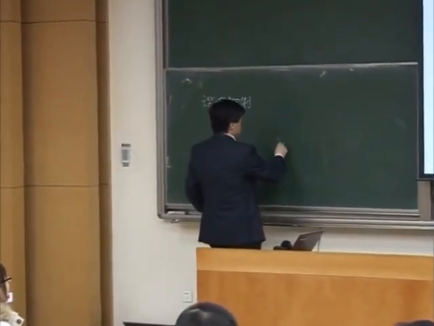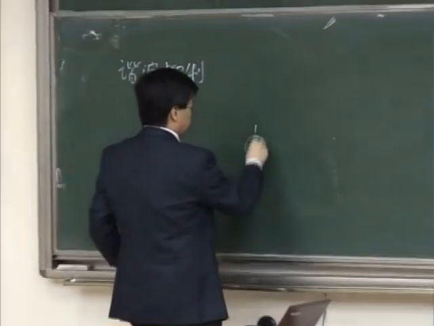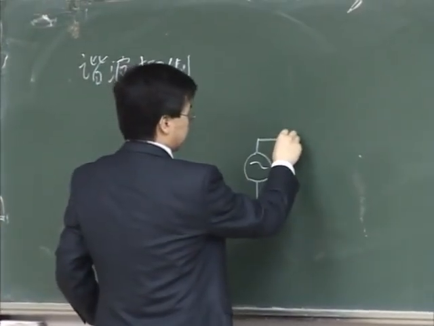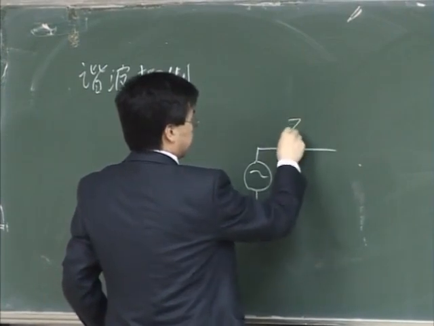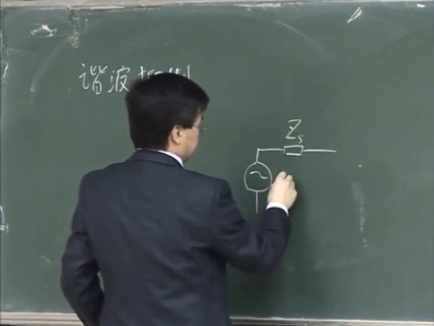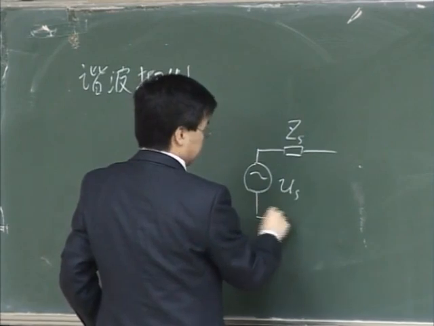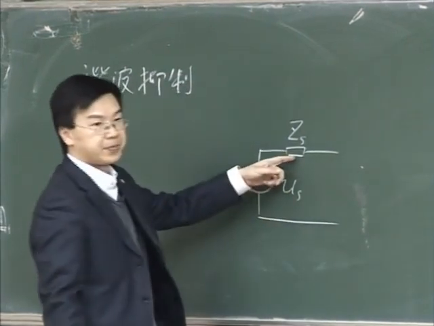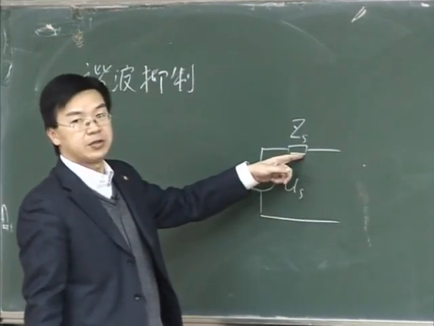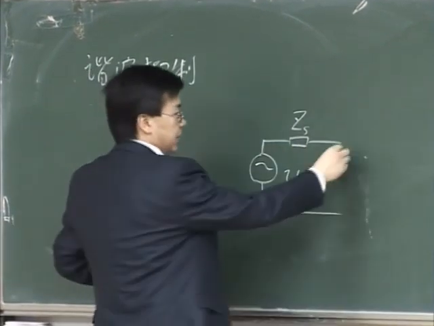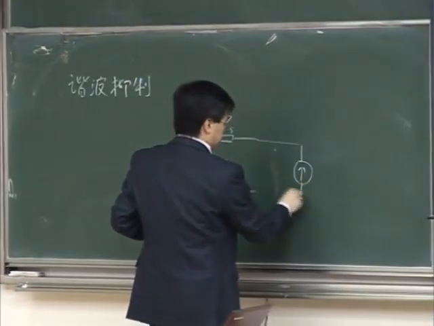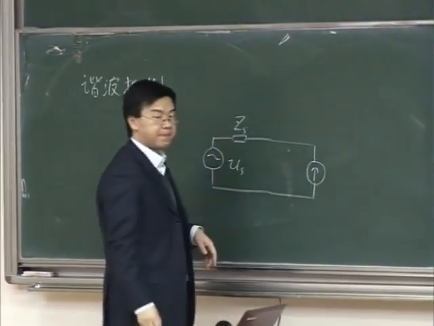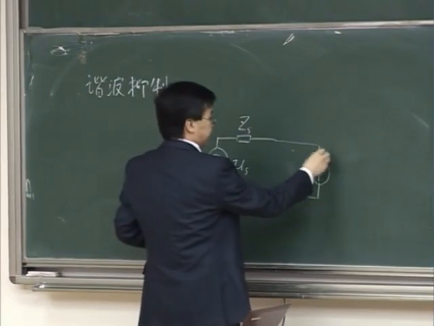If this is the AC power grid, this is the inner equivalent impedance of the grid utility. And then this is the original power converter.